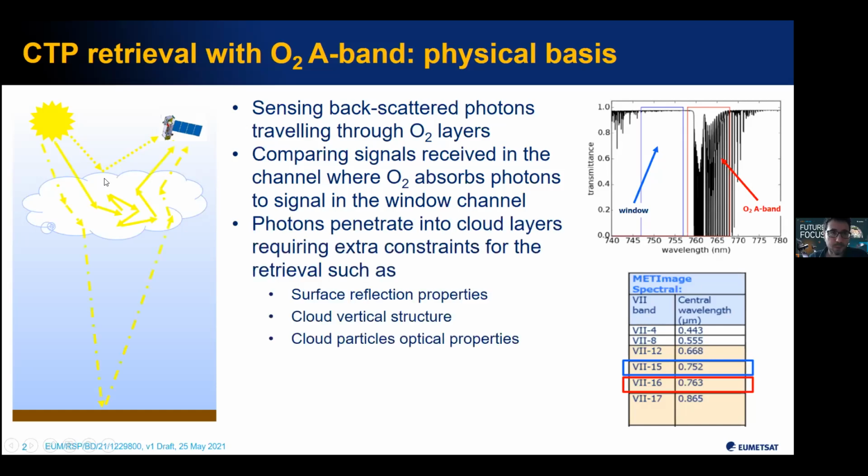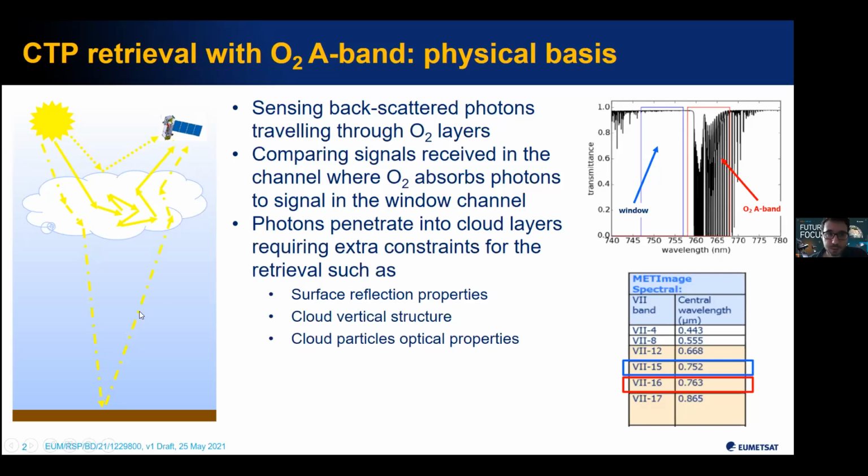And what we actually see in reality is a certain penetration depth within the cloud layer. And we have cases where photons enter the cloud and are multiply scattered and then back to the satellite, or they are able to escape from the base of the cloud, being scattered back from the surface and back to the satellite.